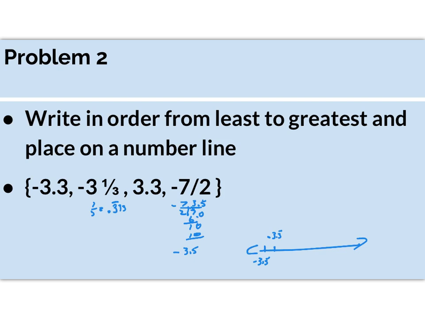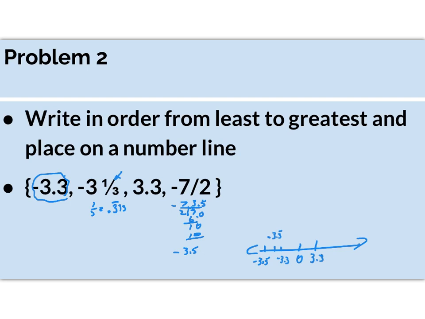And then -3.3. No bar means that this terminates. -3.3, it ends here. This one never ends. So 33 is bigger than 30 if you would have put extra zeros on it. And then we have 0, and then we have +3.3. So it would look something like that.